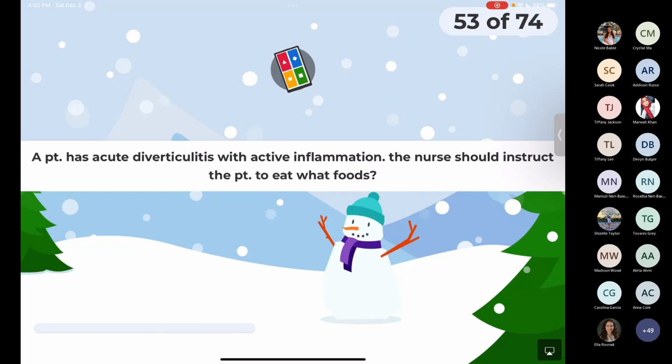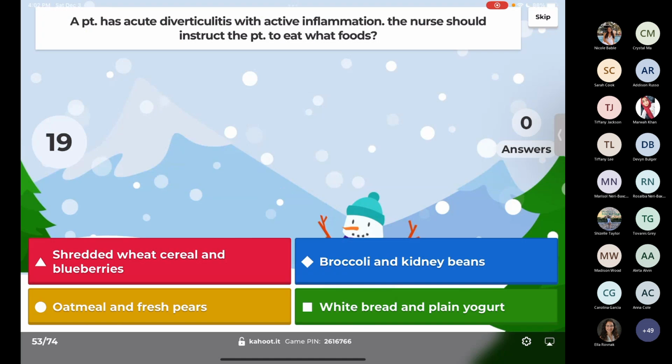A patient has diverticulitis with active inflammation. The nurse should instruct the patient to eat what foods?